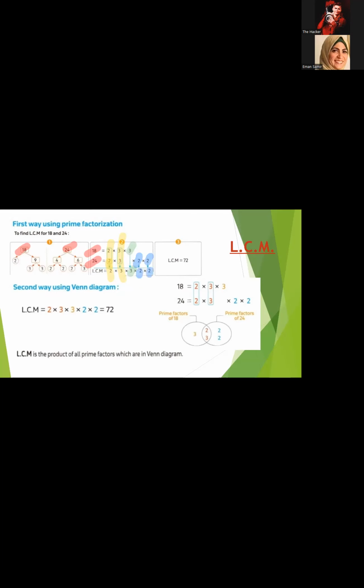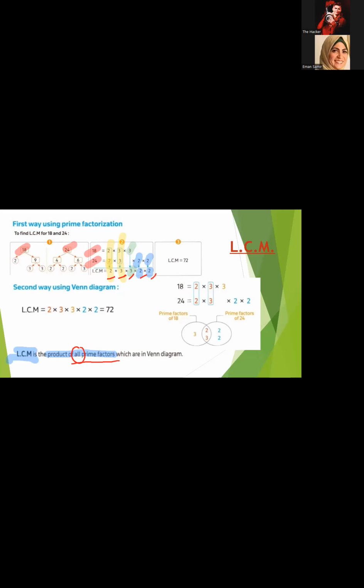So how can we calculate the LCM? The definition of the LCM says it is the product of all prime factors. So I'll multiply all the prime factors, which are 2, 3, 3, 2, and 2.